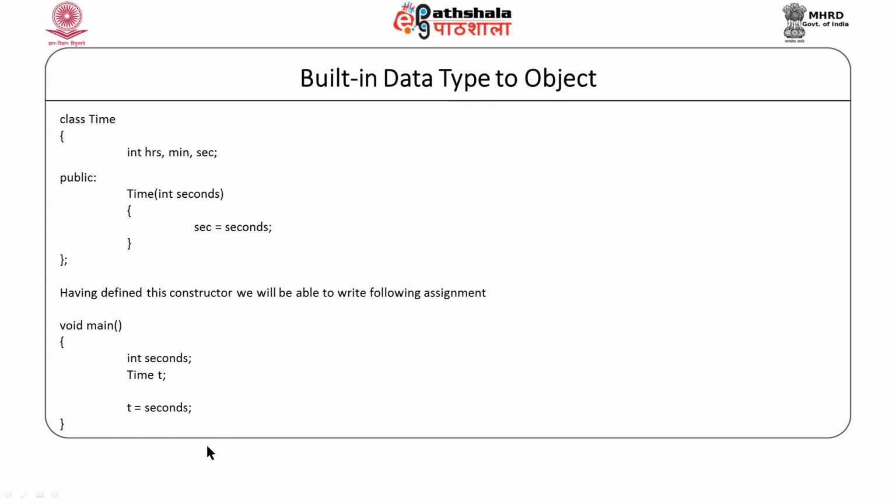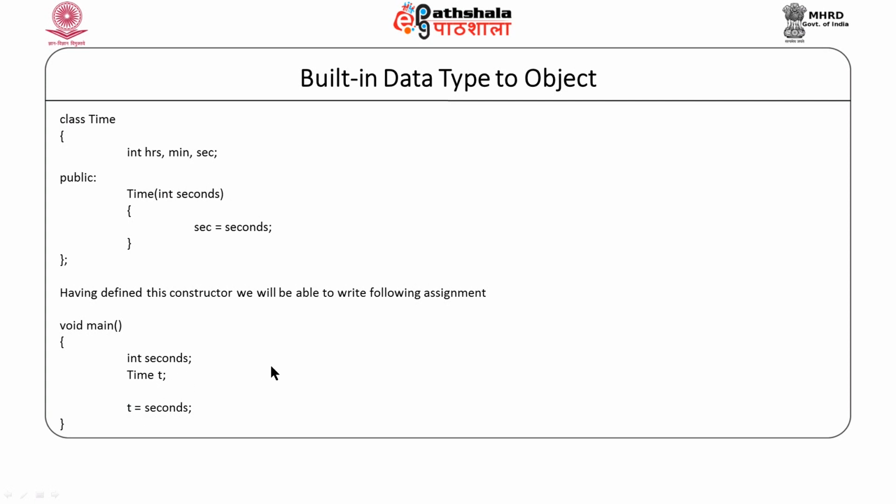So, to us it looks like we are assigning an integer to a time object, but actually what is happening is that this integer value is implicitly getting converted to a time object, and that temporary time object is getting assigned to t, which is the object of time class.